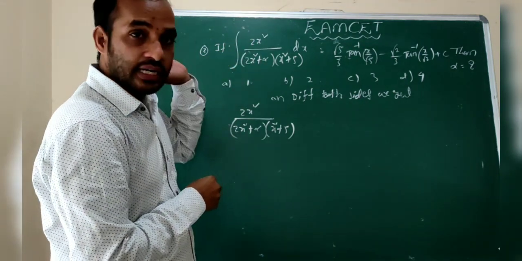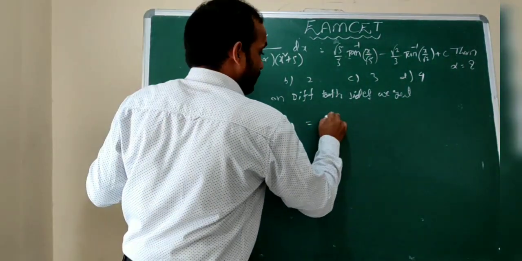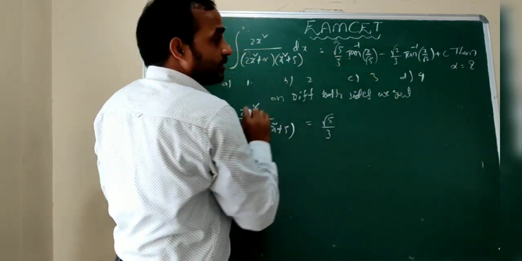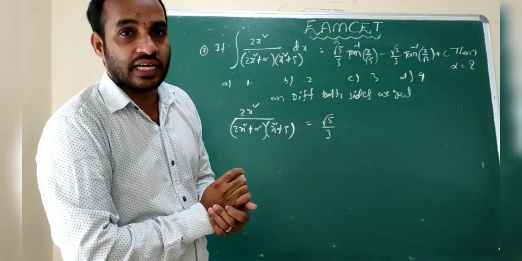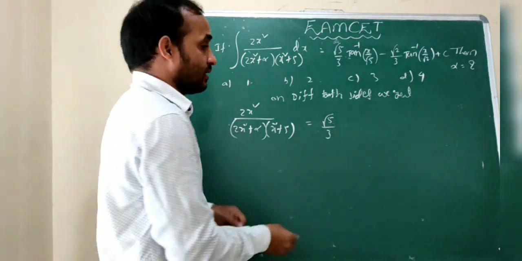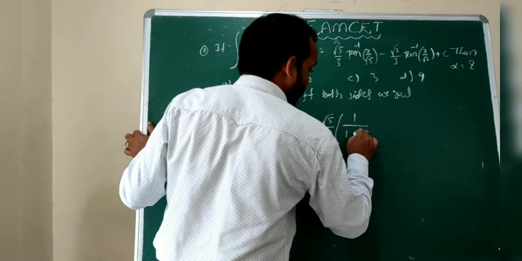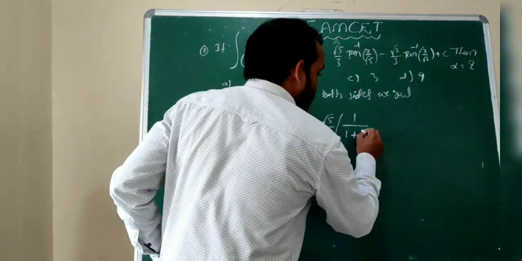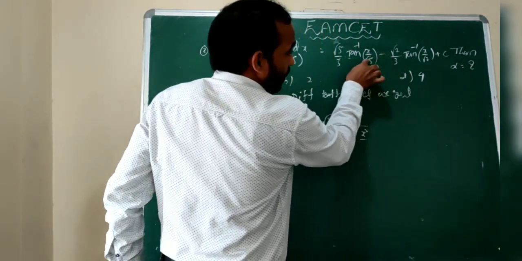That is equal to root 5 by 3 times the derivative of tan inverse x. The derivative of tan inverse x is 1 by 1 plus x square. So here it is 1 by 1 plus (x by root 5) square.